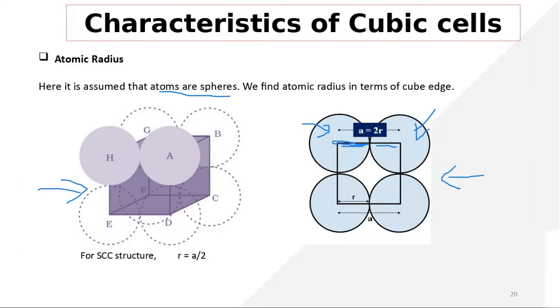If we have a cube with cube edge a, then a will be equal to 2r, where r is the atomic radius. So for the simple cubic structure, a is equal to 2r, where a is the cube edge and r is the atomic radius. So the atomic radius in terms of the cube edge is r equal to a by 2 for the simple cubic crystal structure.